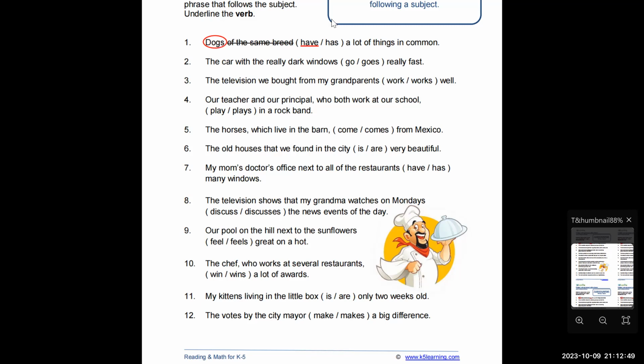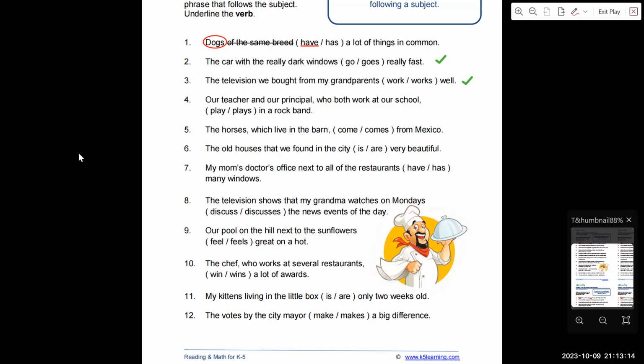The television we bought; my grandparents works well. Okay, very good, because the subject there is only one. What is it? The television. That's correct.